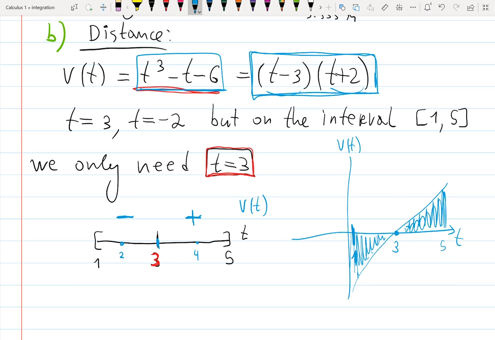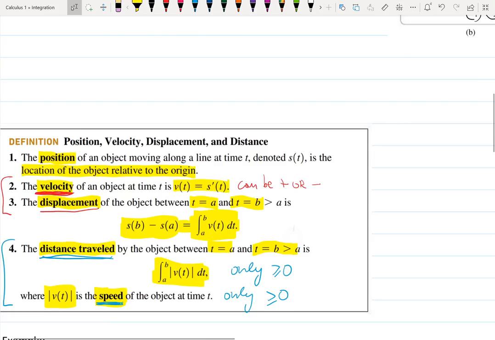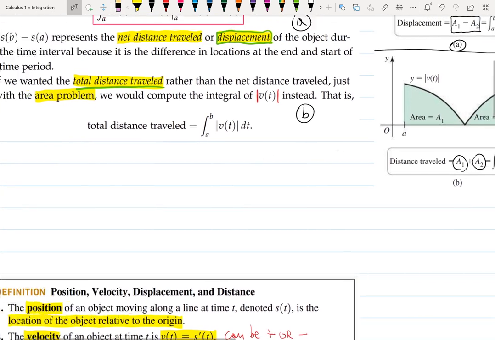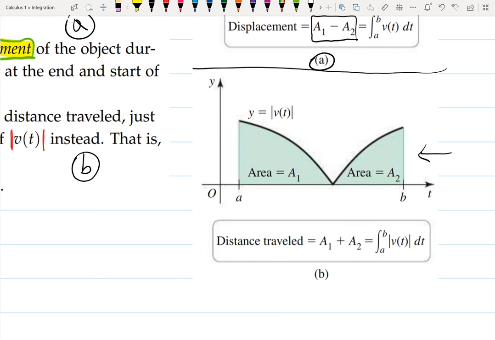The previous way, when we integrated, we found net area, positive area minus negative area. That gave us displacement. If I want to calculate only positive areas on this picture, to have A1 plus A2, to know how much I actually moved, left, right, positive direction, negative direction, then I need to apply absolute value on both sides.